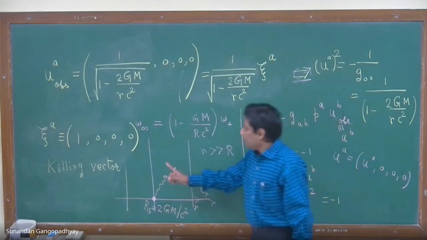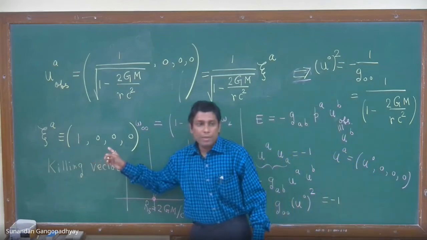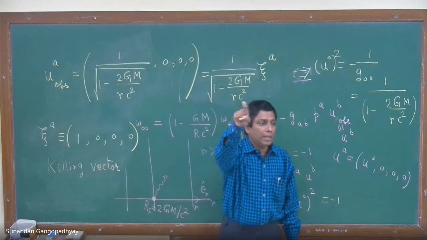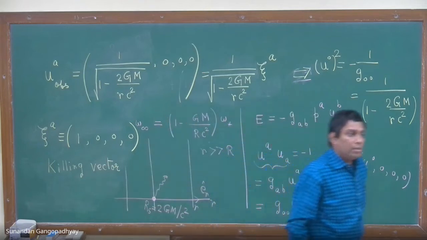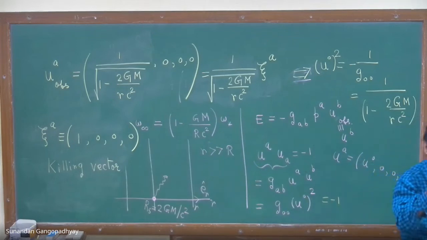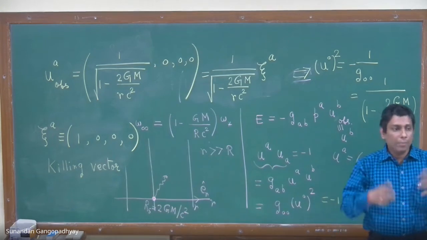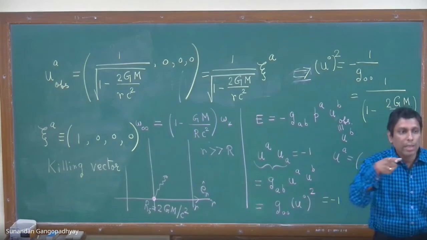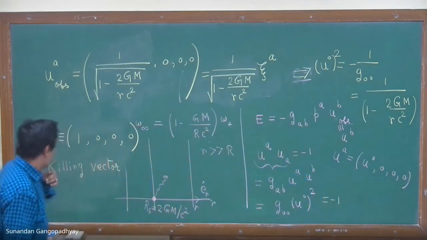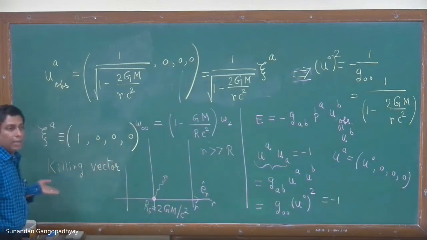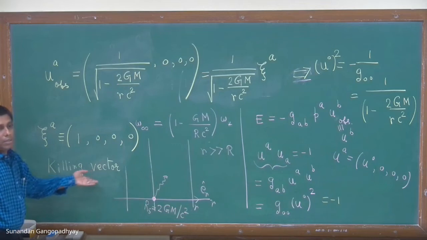This is a time-like vector, so if you move along the time-like direction and you note the form of the metric, you will see that the metric components G00, GRR do not change along the time-like direction. So there is a time translational symmetry, and Killing vectors basically give you the symmetry directions.